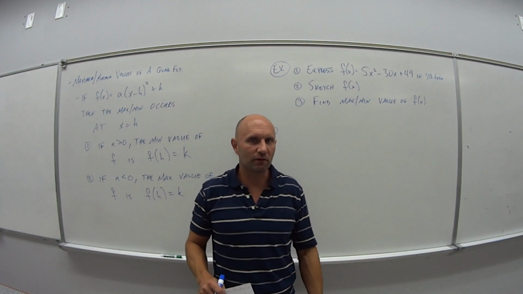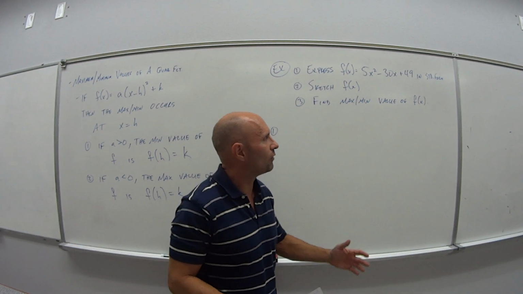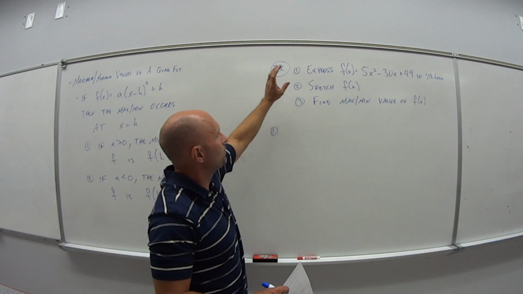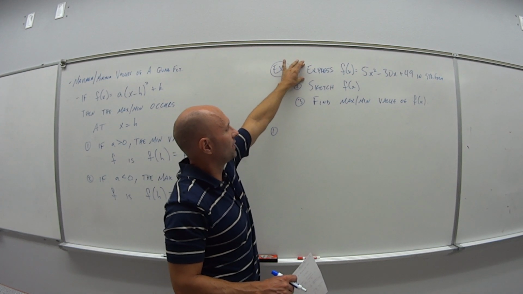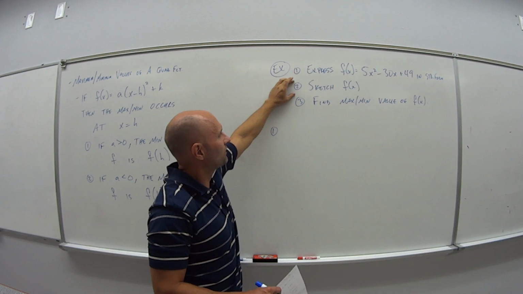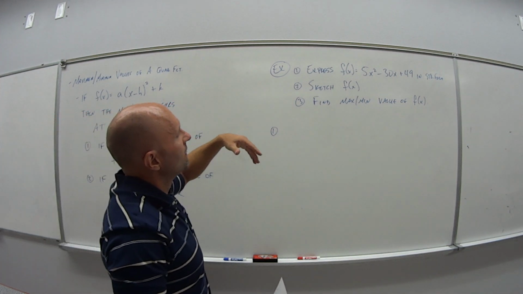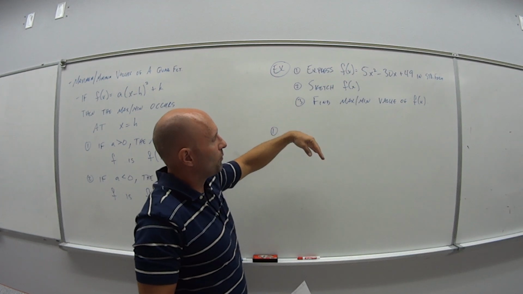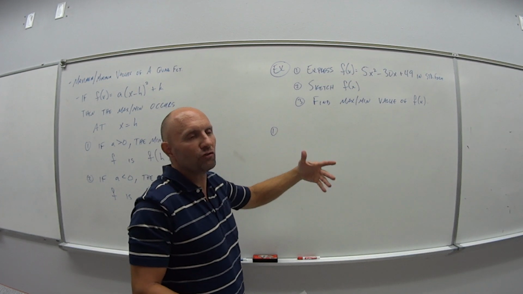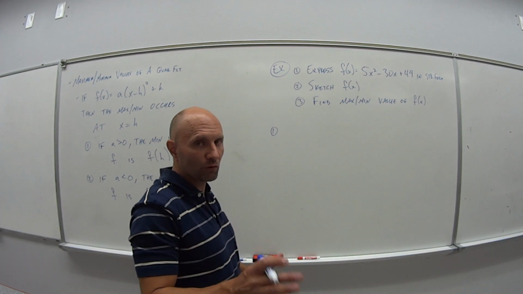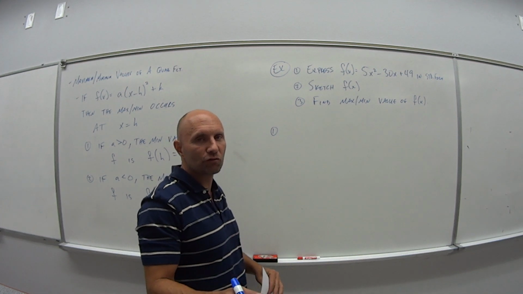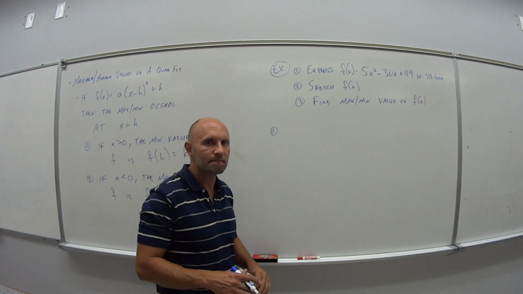You need to practice, and that practice is by doing it yourself. So give that a try. Hit pause, see if you can express this in standard form. See if you can sketch it. And then based off of this information, if it's pointing up, it's a minimum value. If it's pointing down, it's the maximum value, and it's just whatever that value of k is. So go ahead and do that, hit pause, give it a try, come on back.